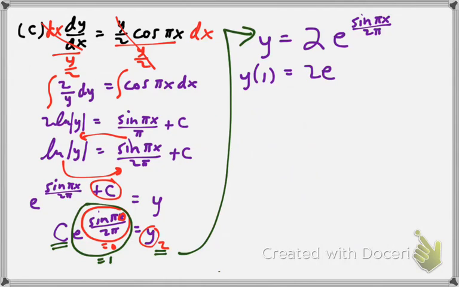Now the sine of pi, you should know that that is 0. So when we replace x with 1, we get 0 again in our exponent, and so that makes sense because now we can get an exact value. 2 times 1 is 2. And that is our exact value of f of x when x is equal to 1. So that's part C, and that's it.